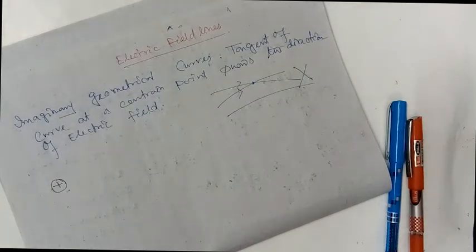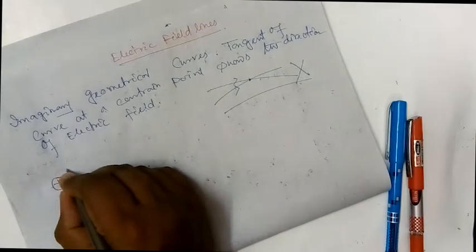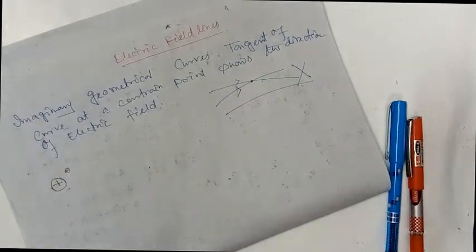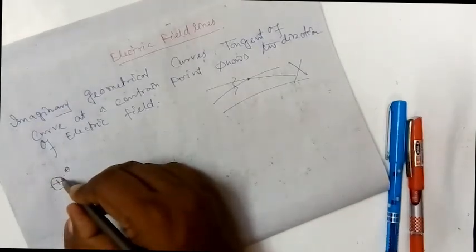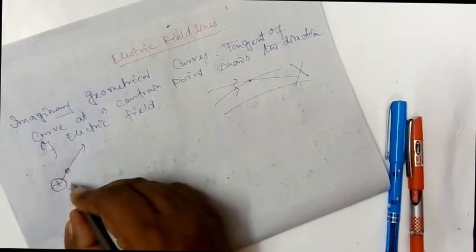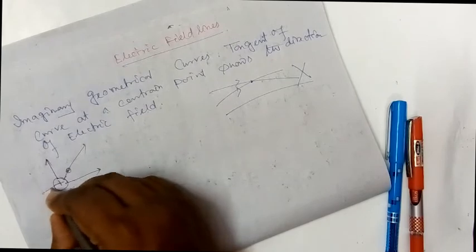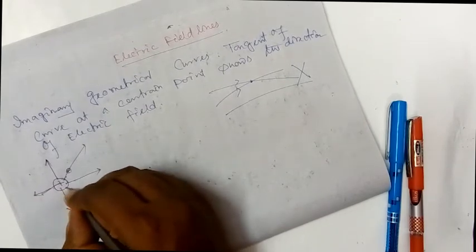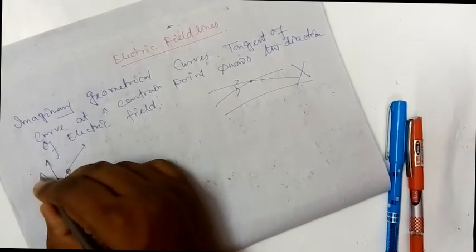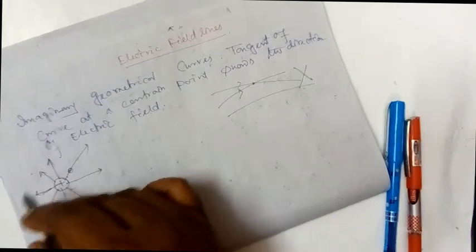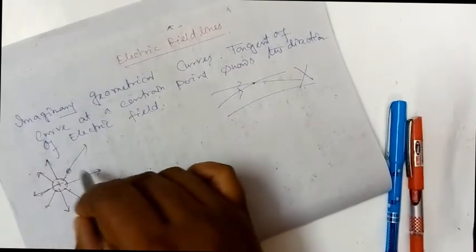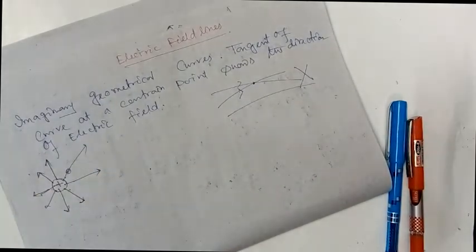Here also, we put one small positive charge. It will repel it, and wherever I keep it, it will repel in that direction. That will be the direction of the field lines of a positive charge.